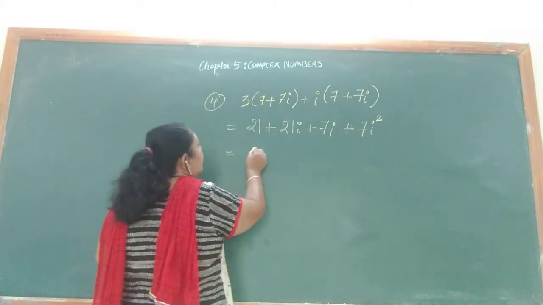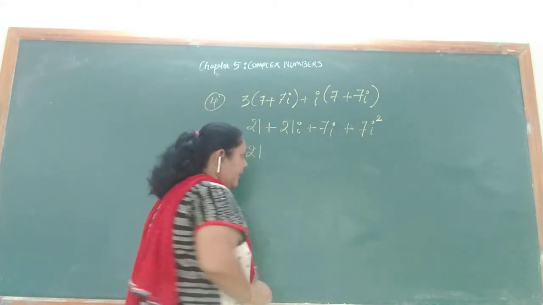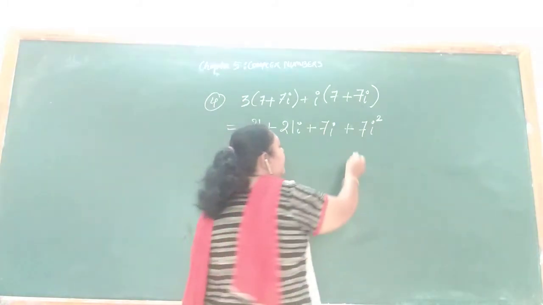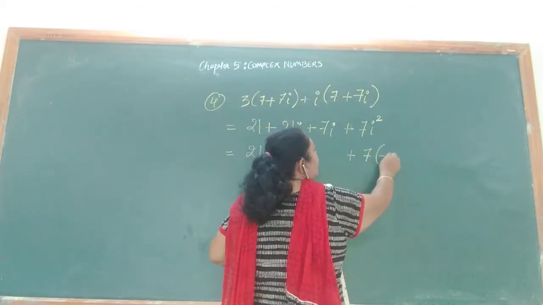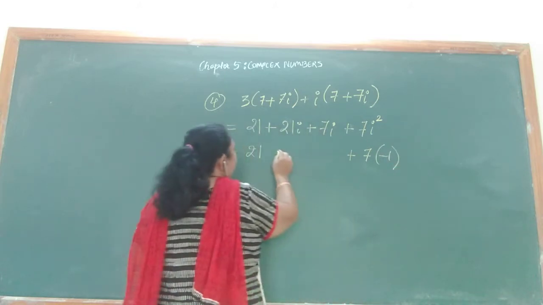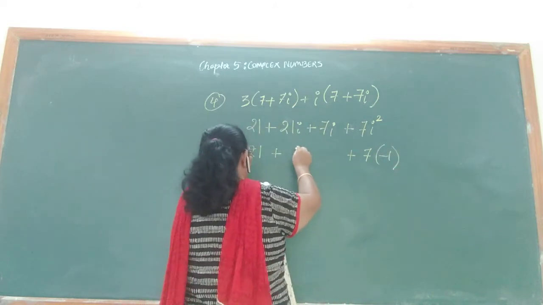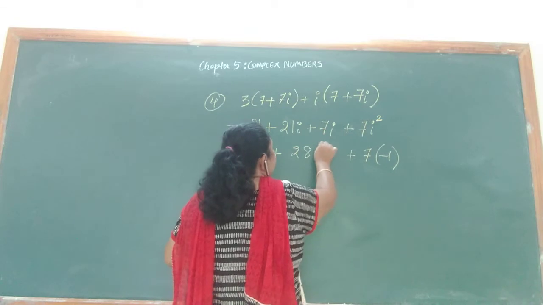Now let me take the numbers together: 21, and now this number here, plus 7 i square, I know that it is minus 1. And these two i terms add together, so it becomes 28i.